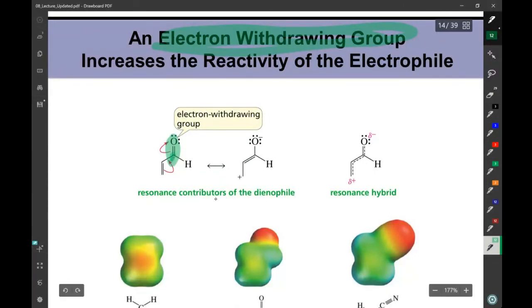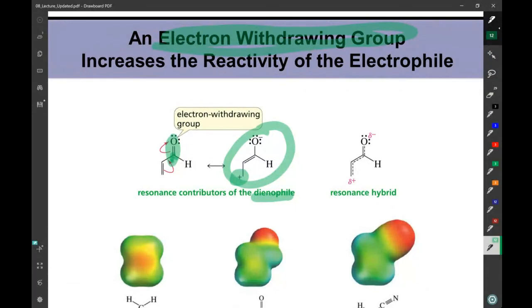So this electron withdrawing group technically activates your dienophile. The dienophile is, in other words, the electrophile. The electron withdrawing group will activate your dienophile because it will create this kind of resonance structure, and it will cause the dienophile to have a positive charge. That's what we refer to as activating the dienophile, by creating that positive charge.